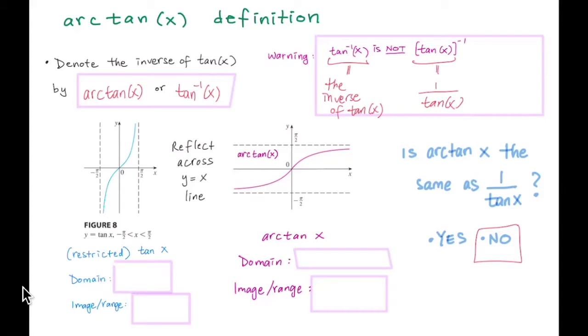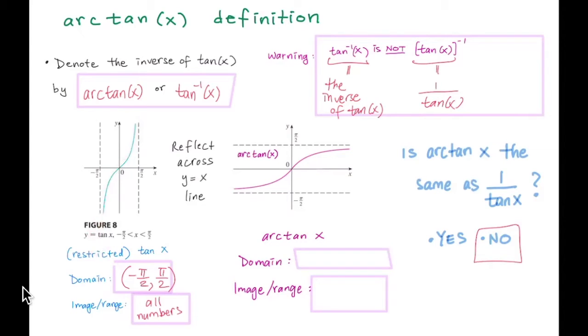So the restricted tangent, like I said in the previous slide, the domain is the open interval between pi over 2 and -pi over 2. The image is all numbers. Right? This can go on forever.